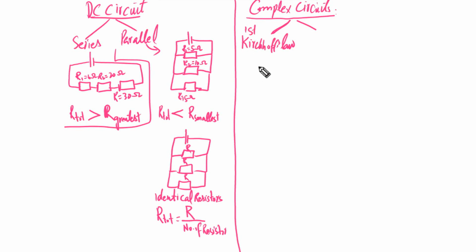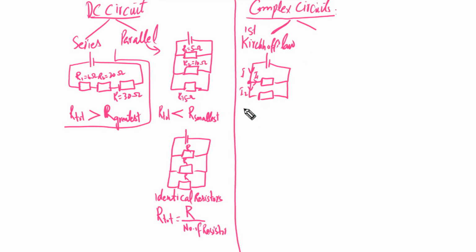Kirchhoff's First Law is simply telling us that if we have a circuit like this, let me draw this parallel circuit for you, say current I is coming at this junction. This point is called a junction, and it splits into two parts, you can see I1 and I2.